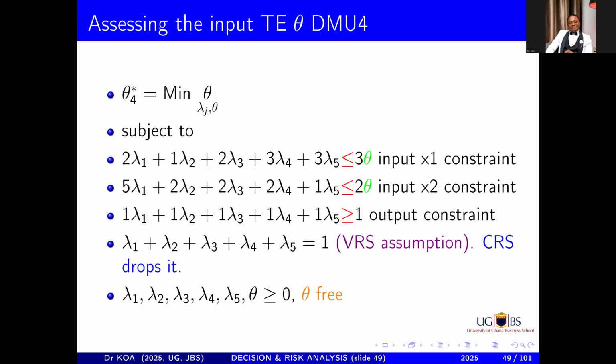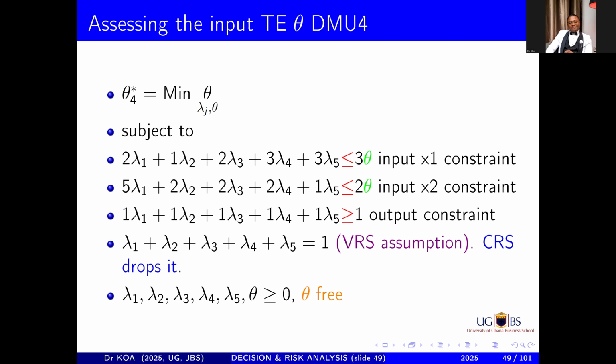From what we saw earlier, given the data across the Y, the X1, and the X2 for each DMU. For the first row, the X1 constraint, we had for DMU1 an X value of 2, DMU2 was 1, DMU3 was 2, DMU4 was 3, DMU5 was also 3, times their respective lambdas.